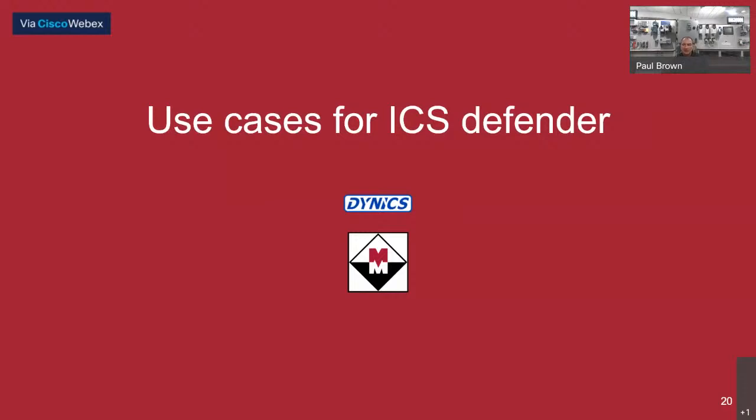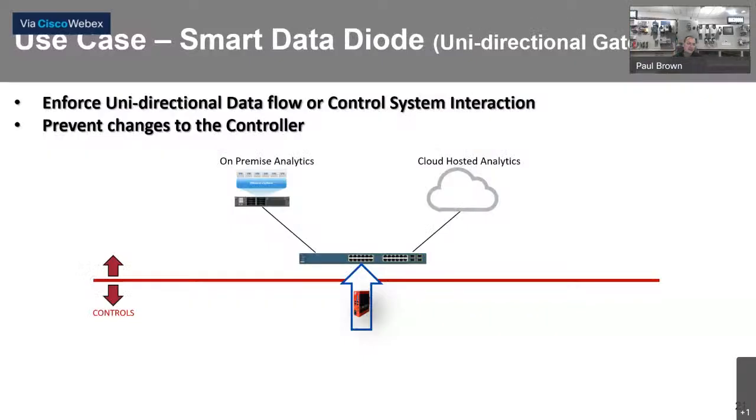Now I'll go through some use cases for the ICS Defender. In this first use case, this is simply using a smart data diode, allowing traffic to only flow in one direction.